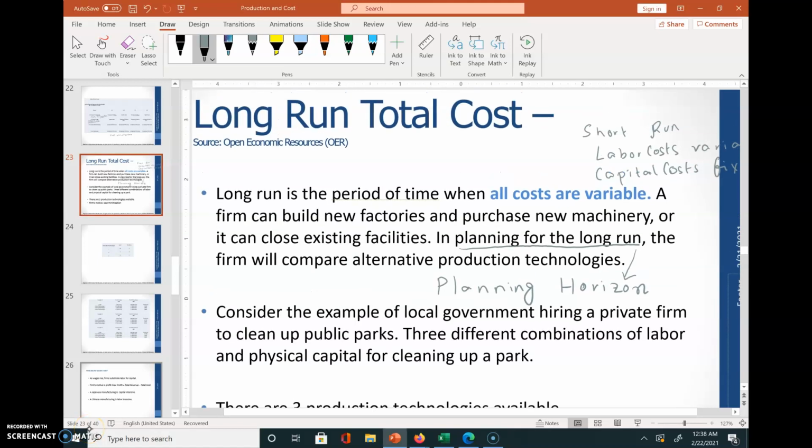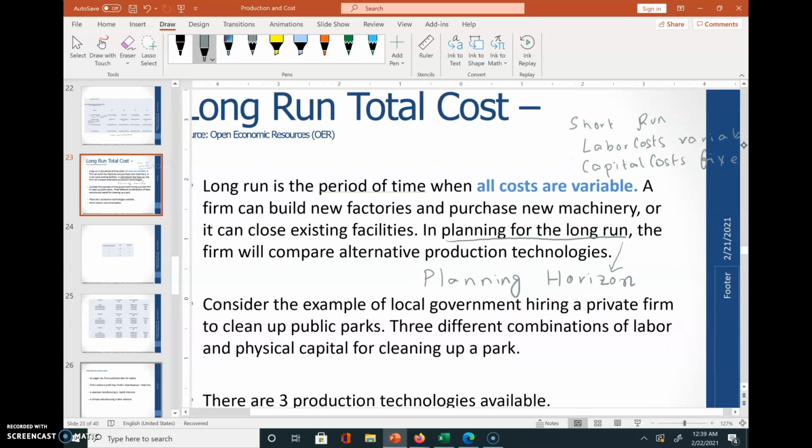Hi everyone. In this section, I will move from the short run cost curves to the long run cost curves. The short run is a period when the labor costs are variable but the capital costs are fixed.